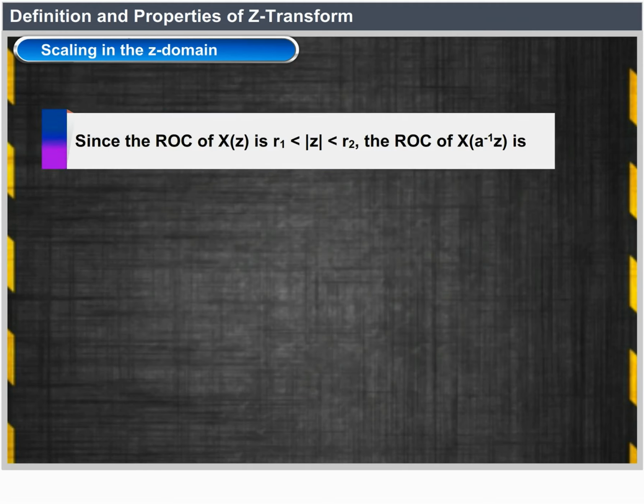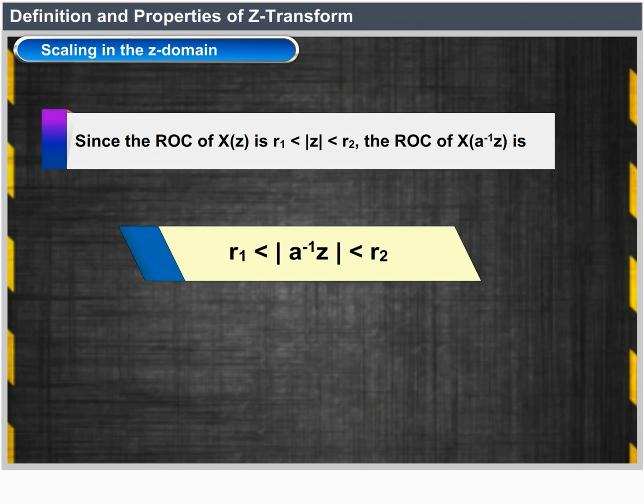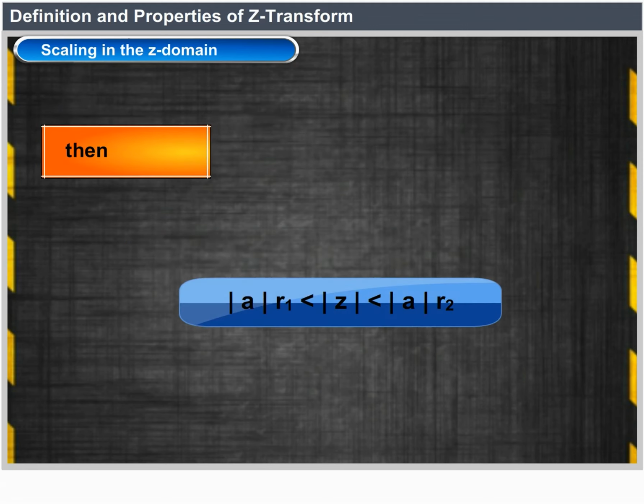Since the region of convergence of X(z) is R1 < |z| < R2, the region of convergence of X(a^-1 z) is R1 < |a^-1 z| < R2. Then |a| R1 < |z| < |a| R2.